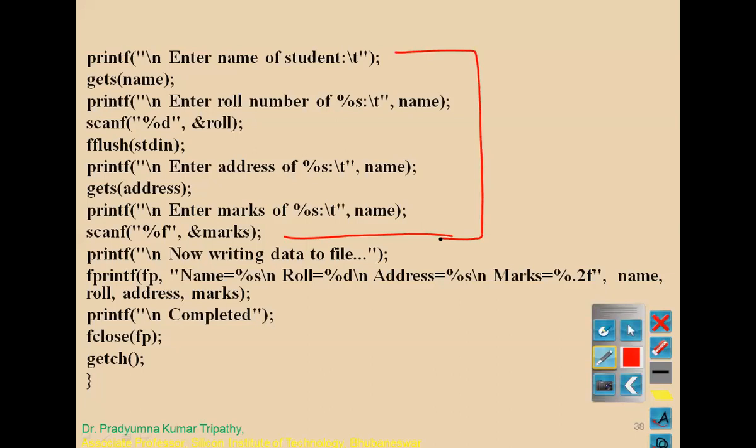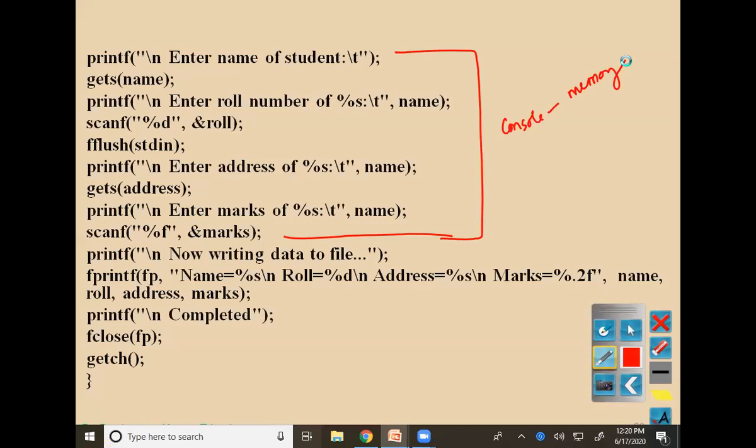I input the name, I input address, I input mark. This is from the console to the memory. Now it is in the memory, but I want to write into the file. To write into the file, what do I use? Fprintf. I use fprintf.